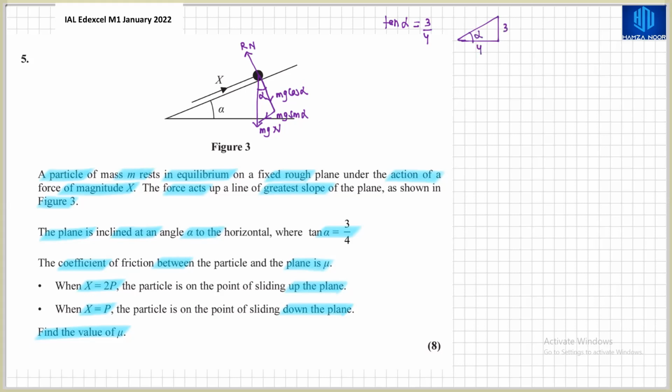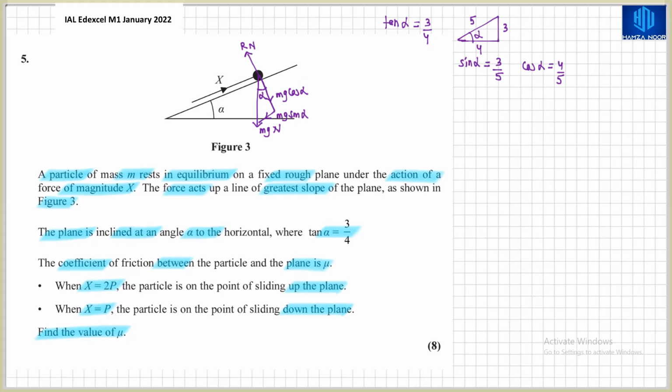So the hypotenuse is the square root of 3 squared plus 4 squared, which is the square root of 25. So the hypotenuse is 5. Therefore sin alpha is equal to opposite over hypotenuse, meaning 3 over 5, and cos alpha is equal to adjacent over hypotenuse, meaning 4 over 5. So we have found the exact values of sin alpha and cos alpha.